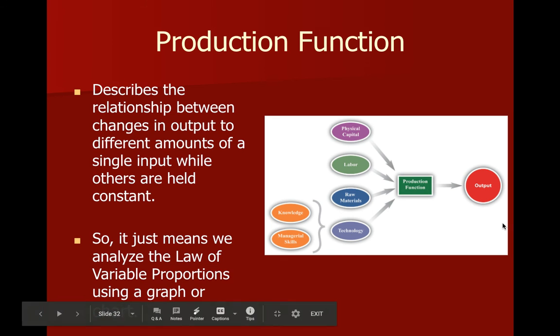So, this is something that gives you that idea of what it could look like. Knowledge and managerial skills could go into technology, and that's what they're going to look at, and that might have an effect on production function. And then how does that affect your output? We're not looking at physical capital, labor, or raw materials. We're only going to be looking at how technology would change that.